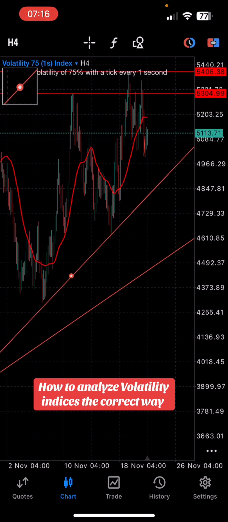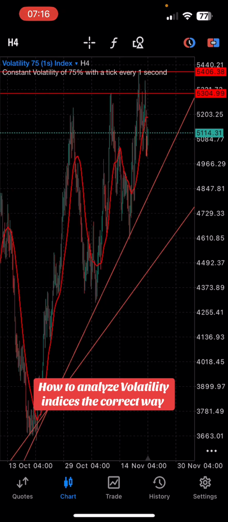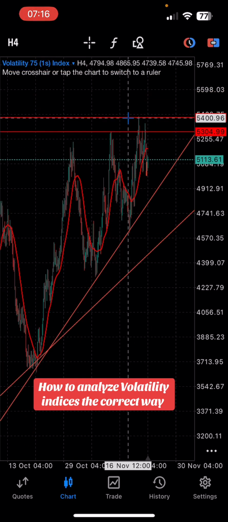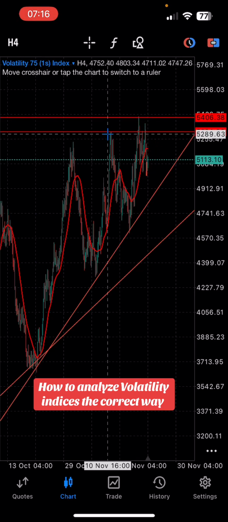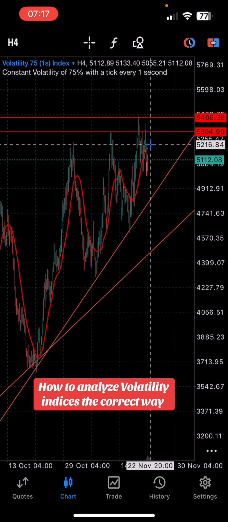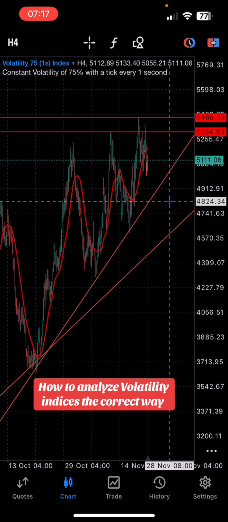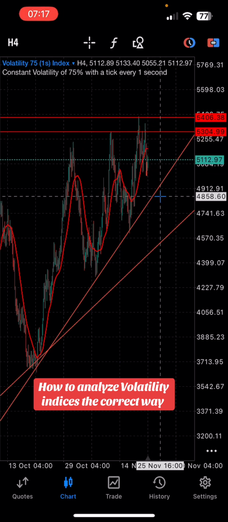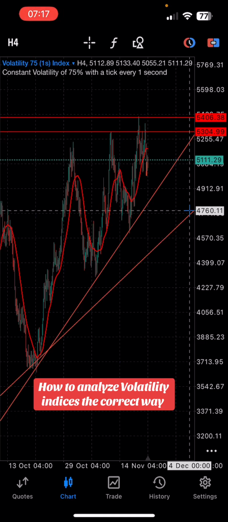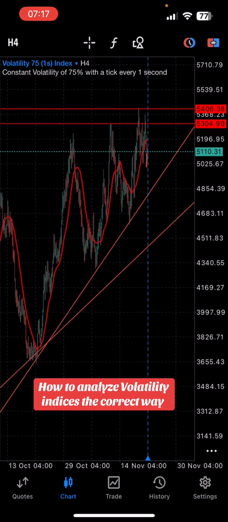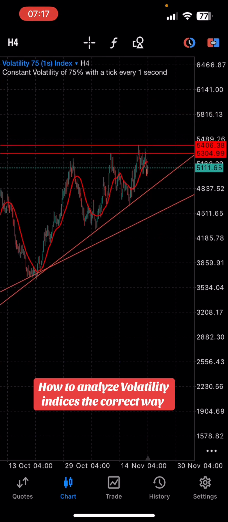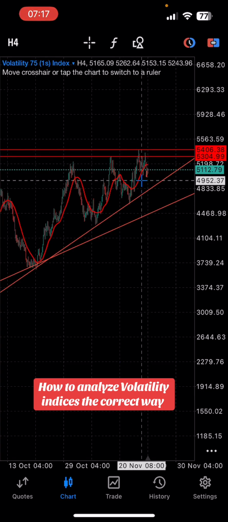For short sells, we can even sell this market the way it is, because it could not take out these highs, right? So it means that the buyers are weak. Alternatively, if this market breaks out of this trend line, this first one here, and then gives us a retest, we can sell from the retest down to this one here. Then from there we watch the market again until the market takes out all these ones.